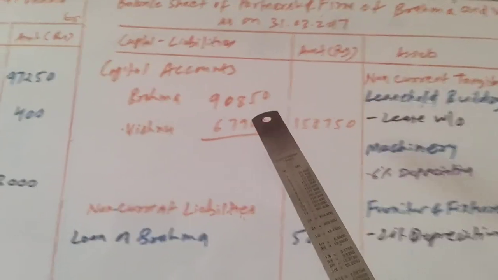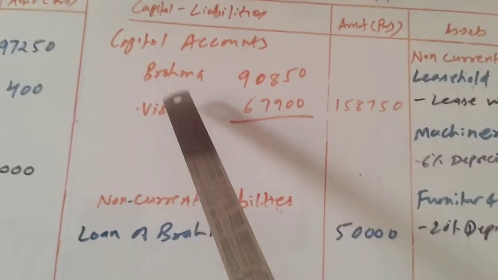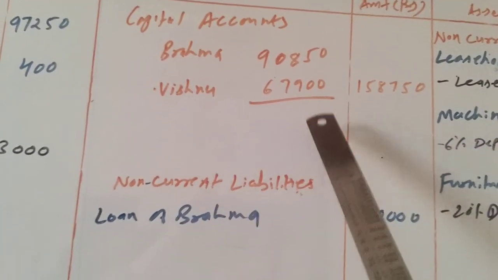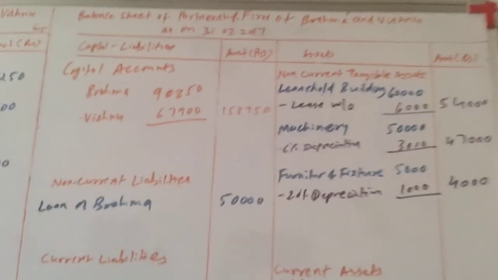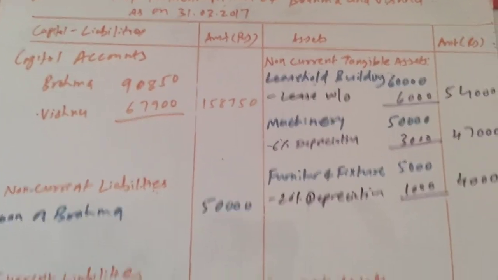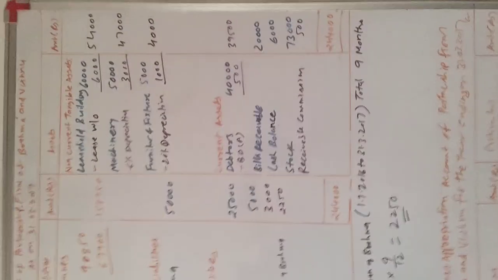Here it is. In the balance sheet, capital account: Brahma 90,850, Vishnu 67,900, total 1,58,750. Finally, we'll make the total of the balance sheet.